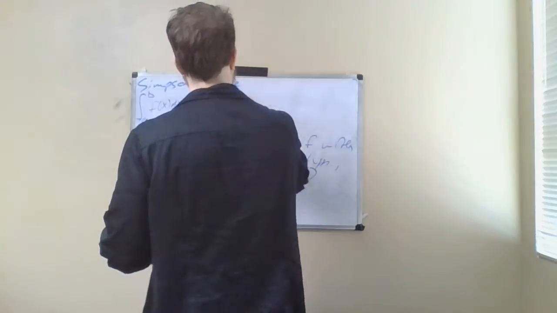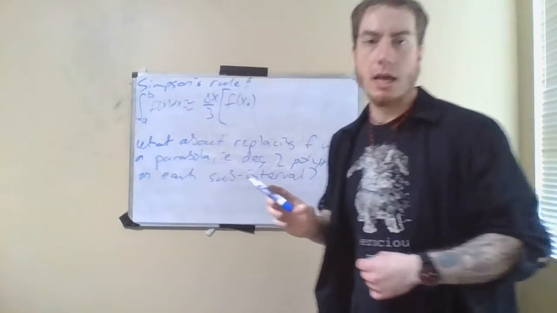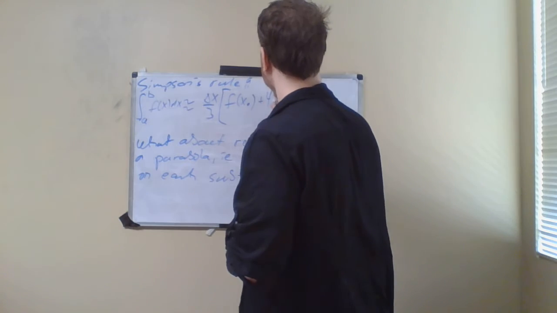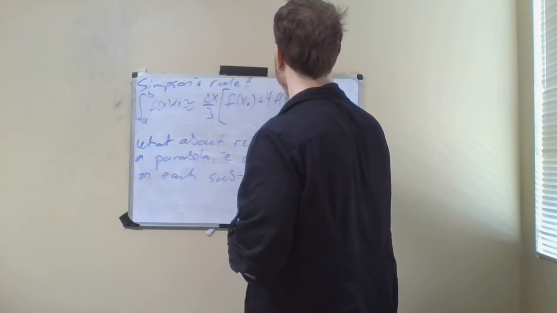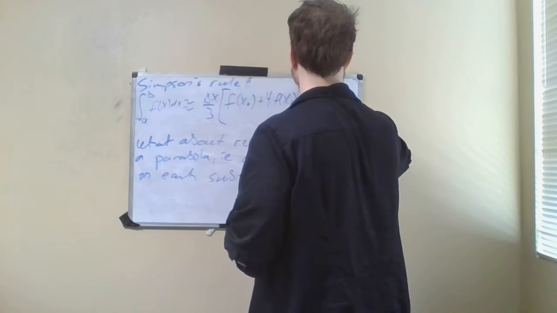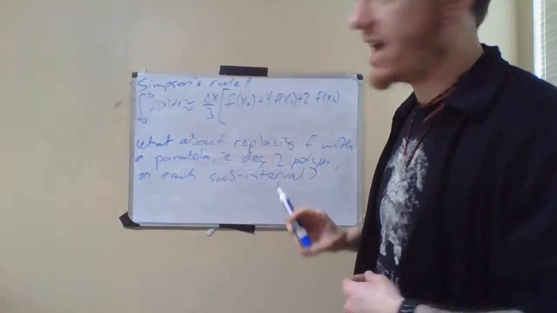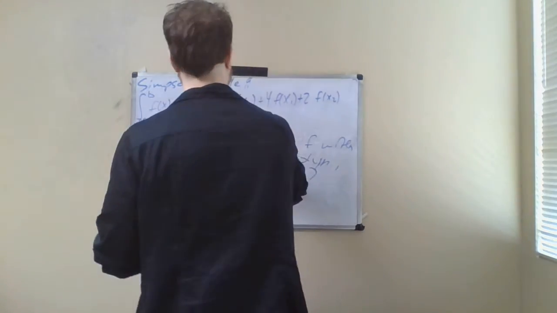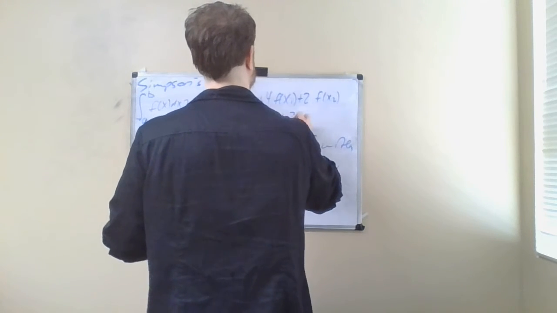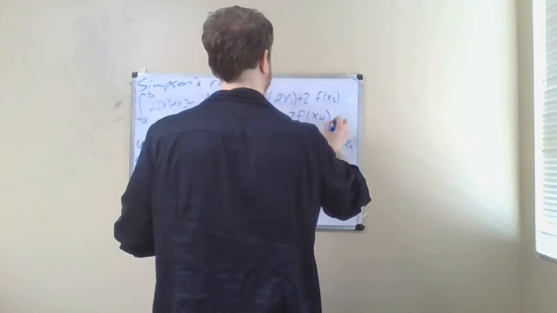f of x0, which, again, remember x0 is equal to a, f of x0 plus 4 times f of x1 plus 2 f of x2, and then we have plus 4 f of x3 plus 2 f of x4.